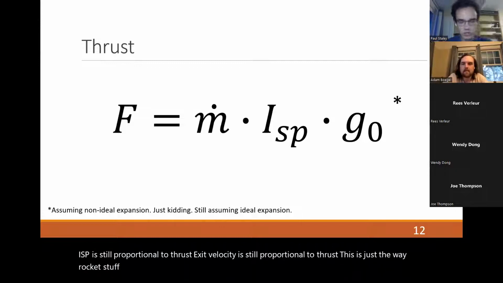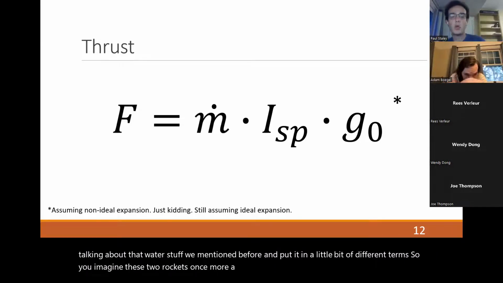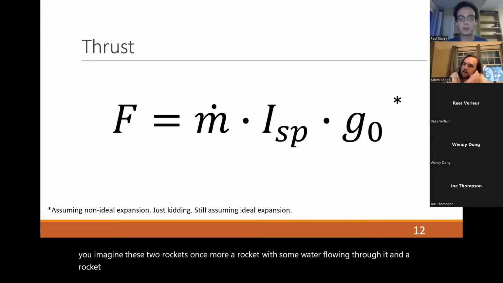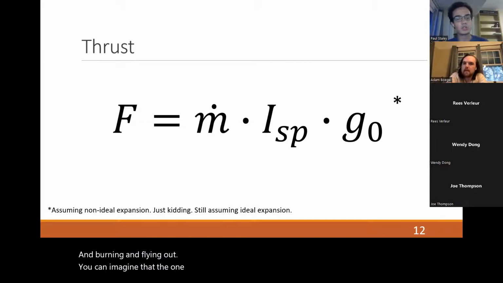And now that we have this equation, this side's kind of over, and I can go back to talking about that water stuff we mentioned before and put it in a little bit different terms. If you imagine these two rockets once more, a rocket with some water flowing through it and a rocket with flammable stuff flowing through it and burning and flying out, you can imagine that the one where things are burning and flying out has much higher velocity.